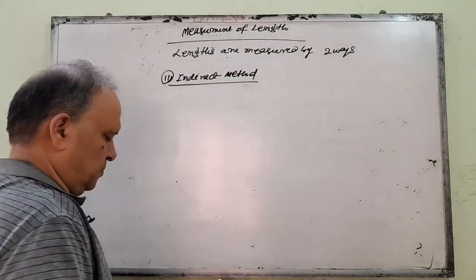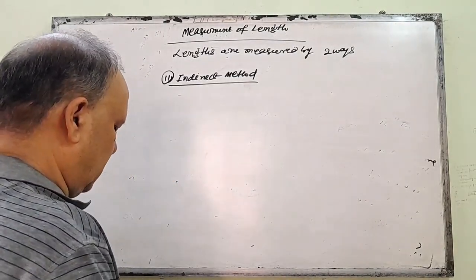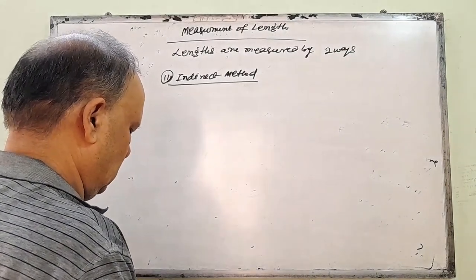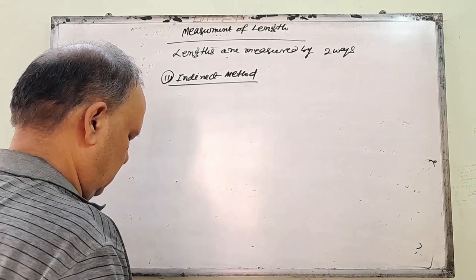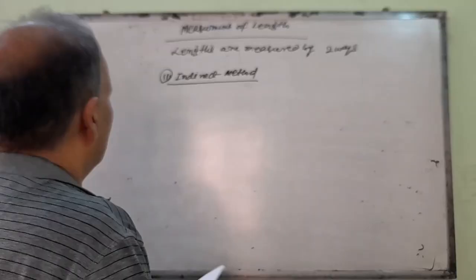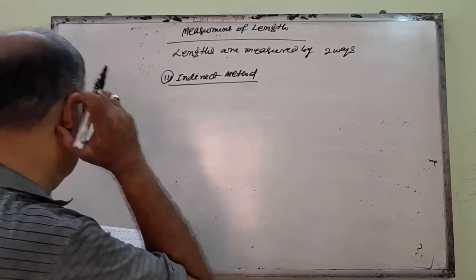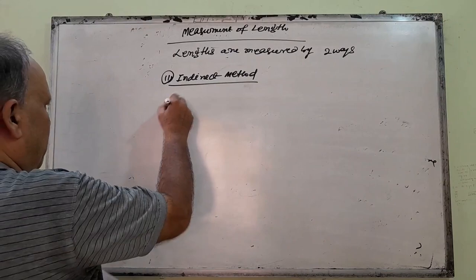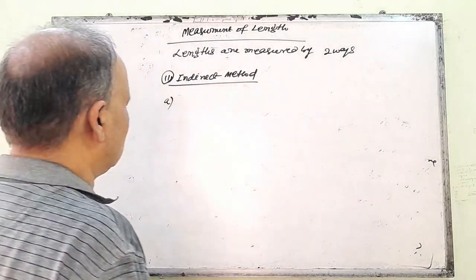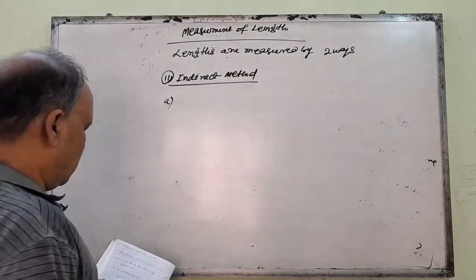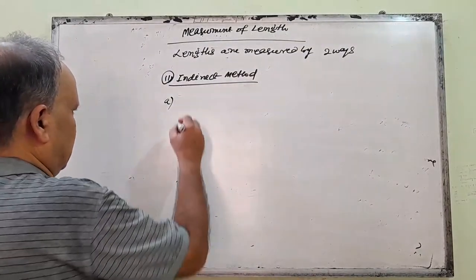You see, what is indirect method? When we use indirect method, first we measure an accessible object.